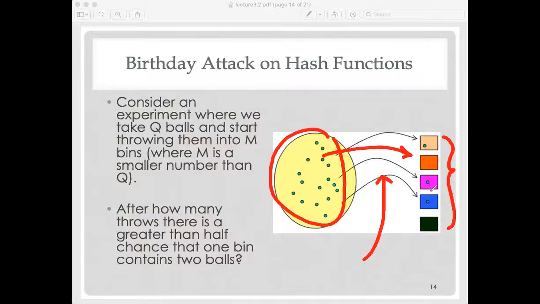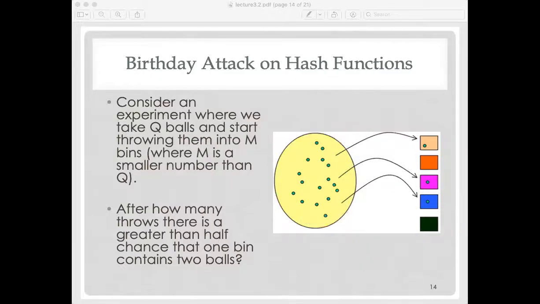Is it after I throw one ball? I want to say collision will happen with more than 50% probability. Because 50% is a random chance, I say I have no problem, random chance, I'll take it. If it starts to become more than 50%, I get concerned. What is the probability that this ball already has another ball existing here? And this is basically what is called the birthday attack.